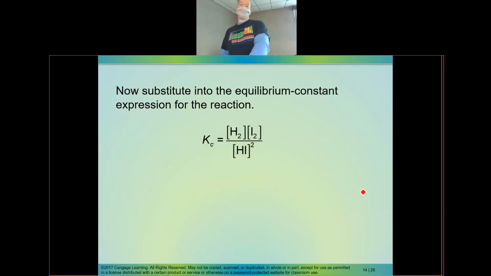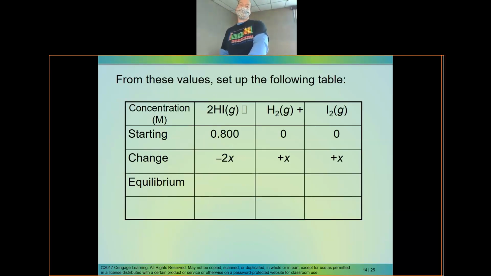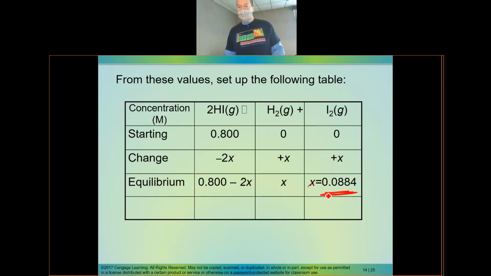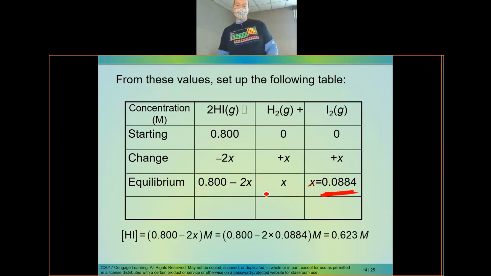All right, so you can go through that step by step. So you have your reaction. You started with 0.8 and 0, 0, so it has to go to the right. Coefficients, minus 2x, plus x, equilibrium, 0.8 minus 2x, 0 plus x is x, 0 plus x is x. They gave us this information in the question. They told us how many moles. We divide it by our 5 liters. So now we know what x is, and so we have the same number for this one, 0.0884.